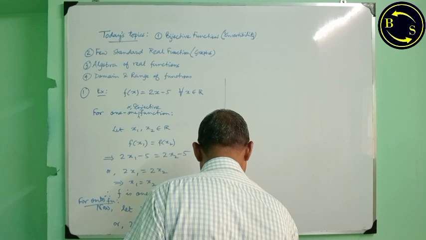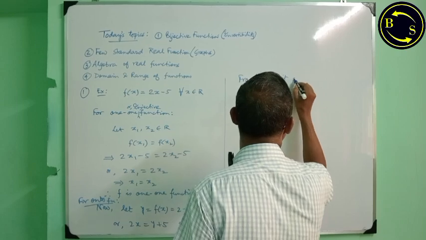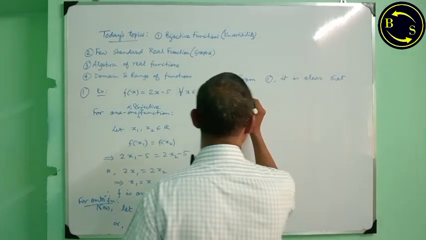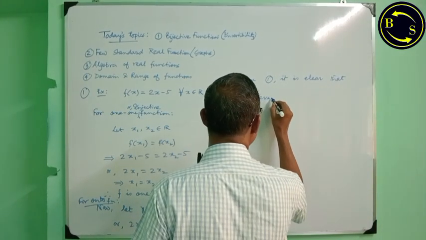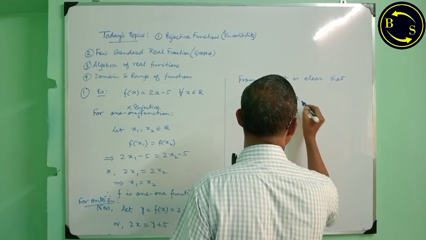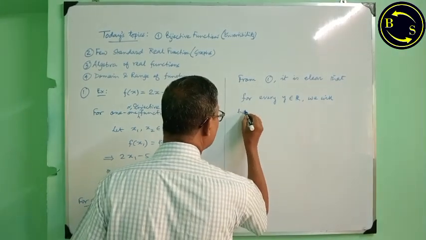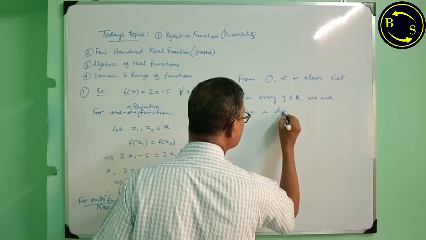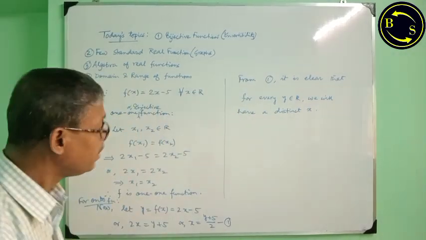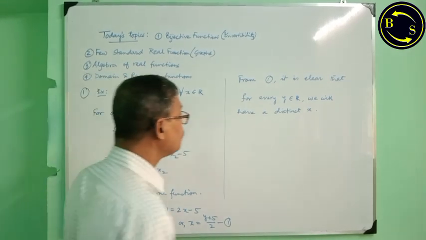If we call this as 1, from 1 it is clear that for every y, of course real, we will have a distinct x, and that is the criteria for f(x) to be onto.